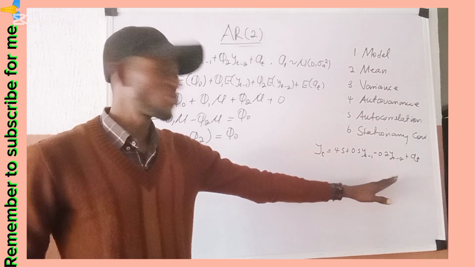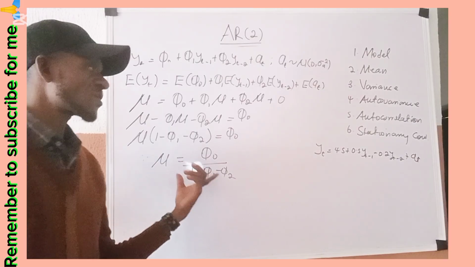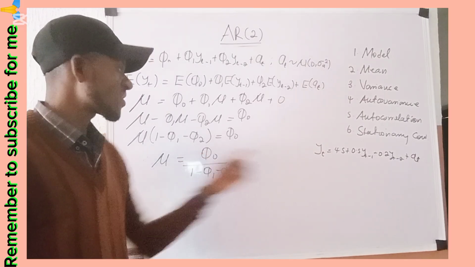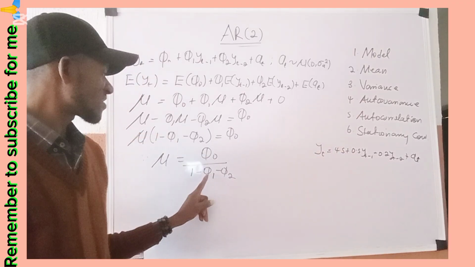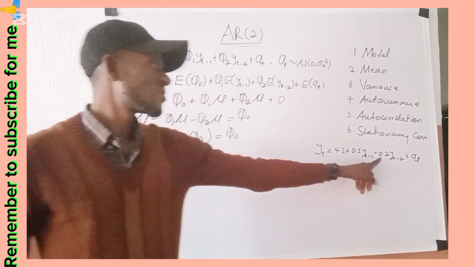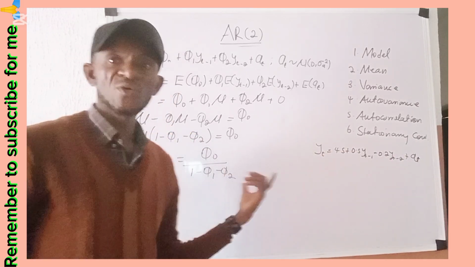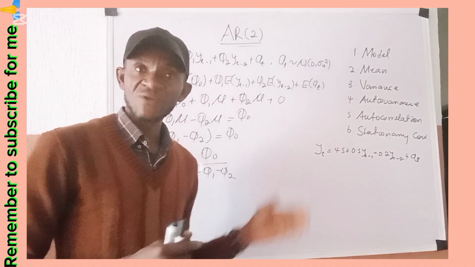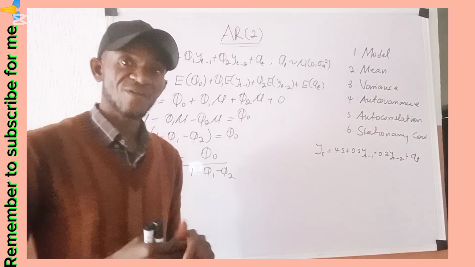So we quickly remember that the mean of the autoregressive model of order 2 is given as this. Here phi naught is the constant, which is 4.5. Phi 1 of course is 0.5, and then phi 2 is minus 0.2. So the moment you substitute these values into here, you'll have your answer. So that is how to arrive at the mean of the autoregressive model of order 2.